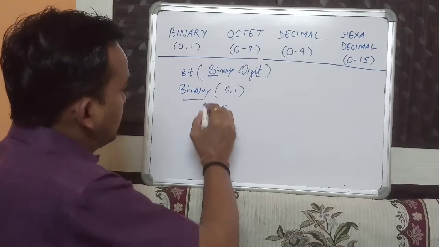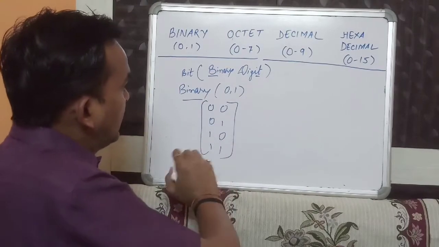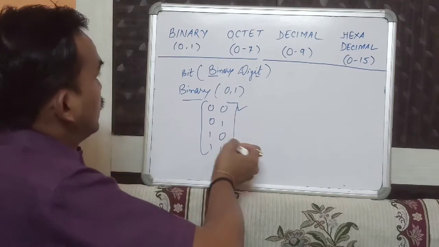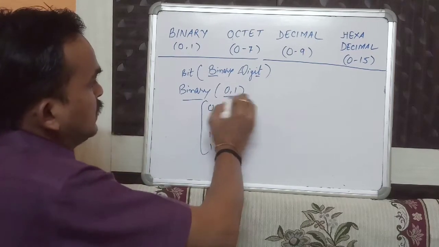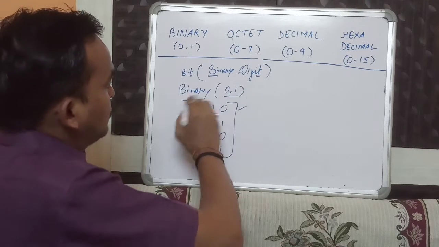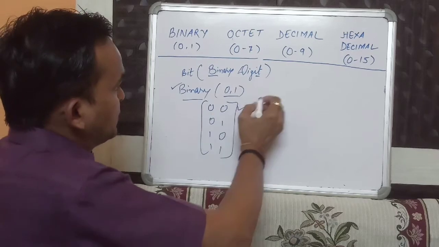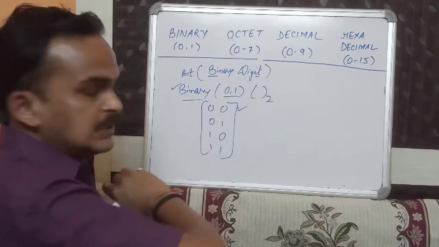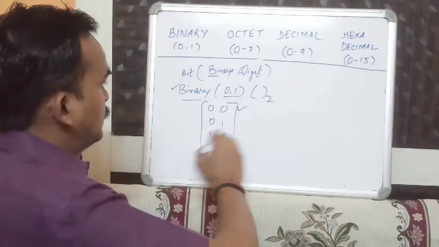These are the possible combinations of 0 and 1 which are used inside the computer. When we use binary digits in the computer, we use 2 as the base. This is base 2.